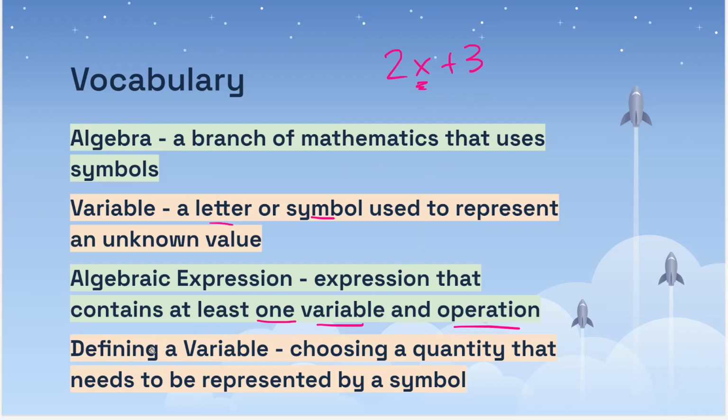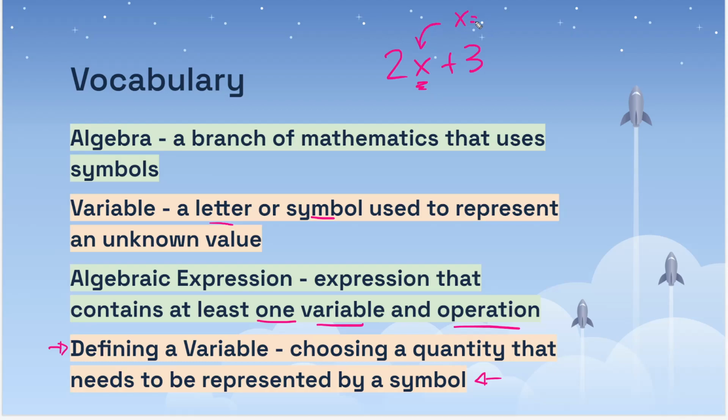Our last vocabulary word on this slide is defining a variable. This is very important. Defining a variable is choosing a quantity that needs to be represented by a symbol and then defining it. So here, let's use x.